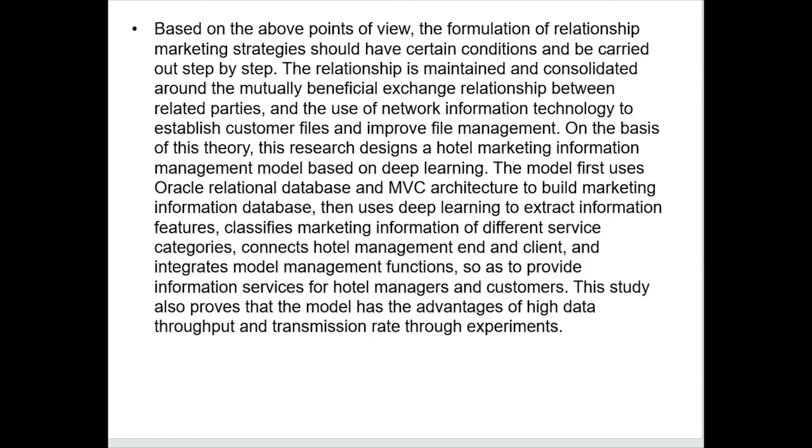This study also proves through experiments that the model has the advantage of high data throughput and transmission rate.